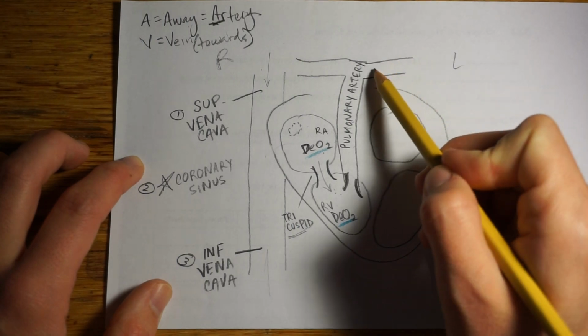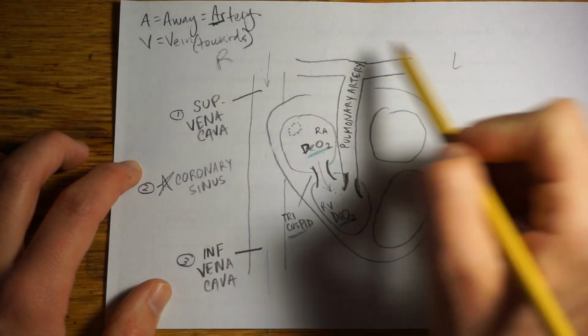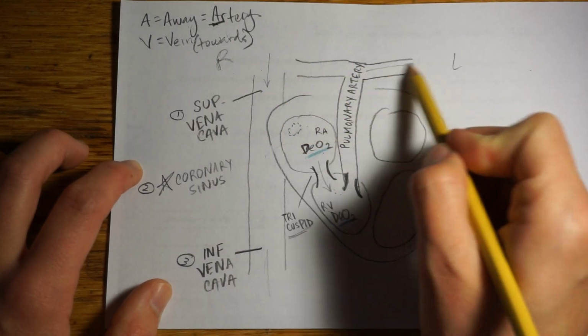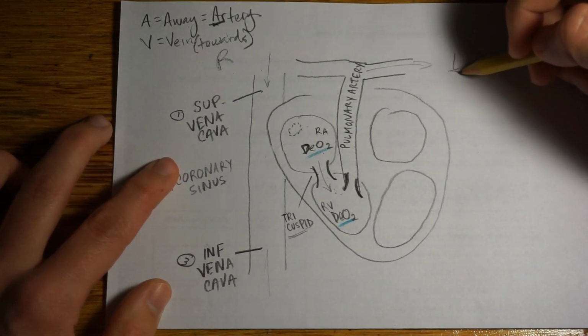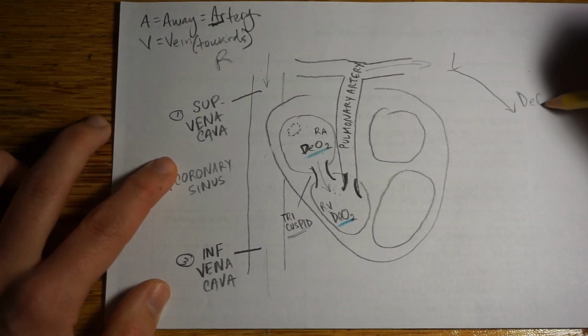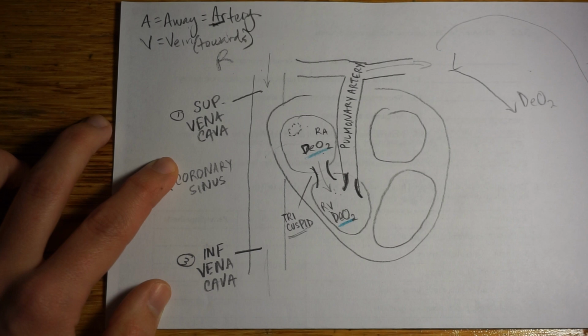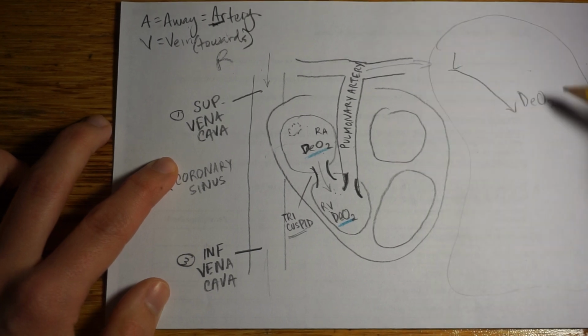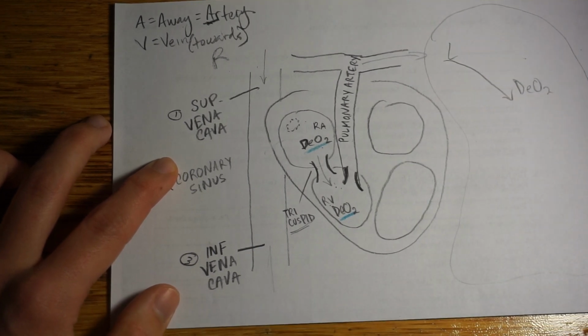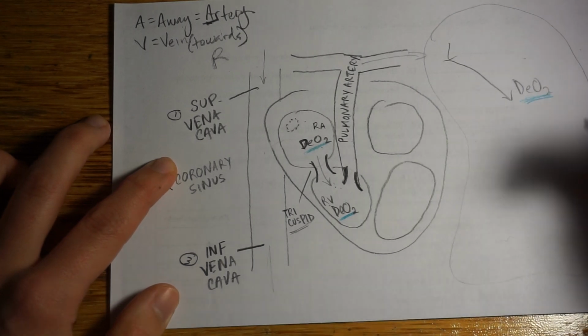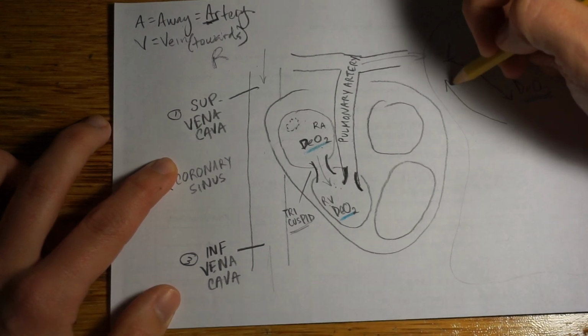So this blood then goes to both the right and the left lung, but let's draw it this way. So deoxygenated blood comes into the lungs, so kind of just picture the lung like here, like this. Deoxygenated blood comes into the lung, and it's going to then pick up oxygen.